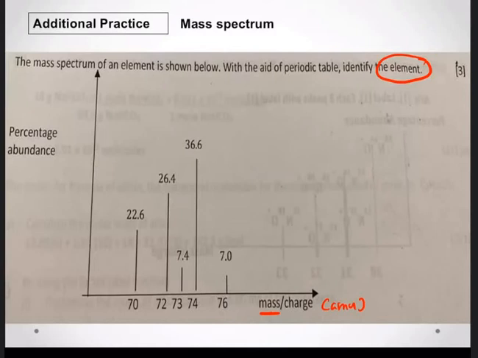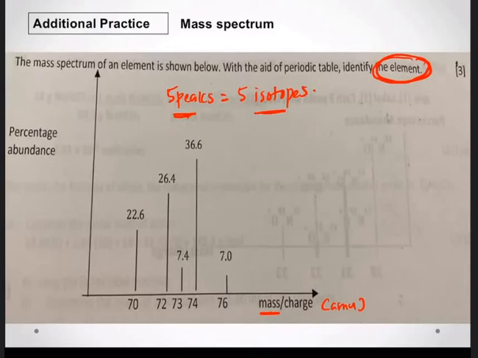Macam mana kita tahu? Because there are 5 peaks. Ada 5 peak kan? Kita nampak kita ada 5 peaks kat situ. Maknanya ada 5 isotopes. Itu antara benda pertama. Bila kita tengok sampel kita element, number of peaks is representing number of isotopes.